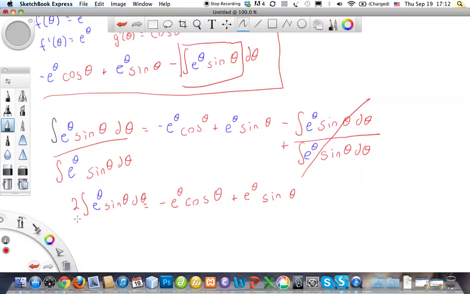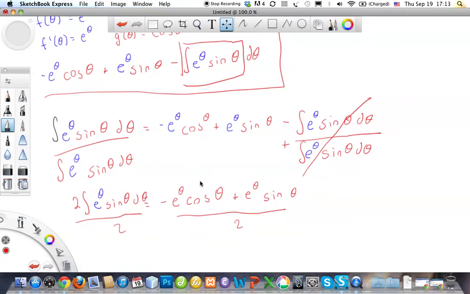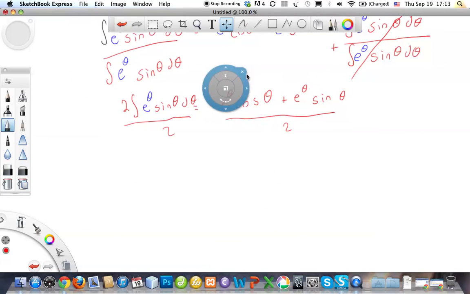Alright, divide everything by 2, both sides.